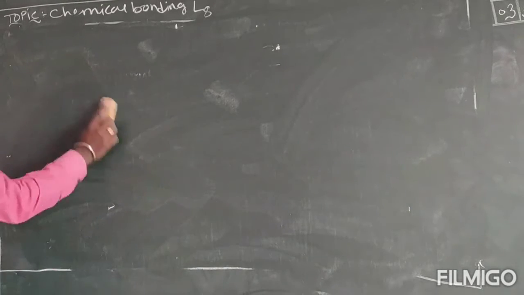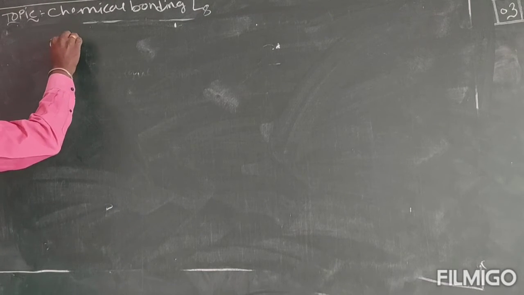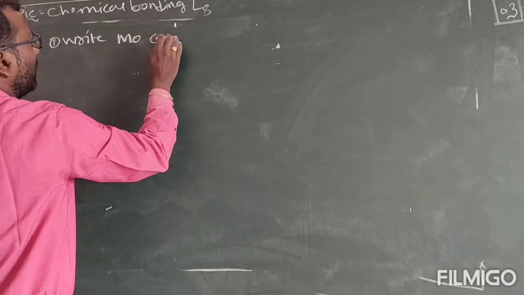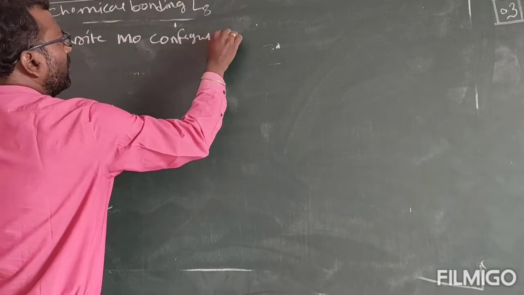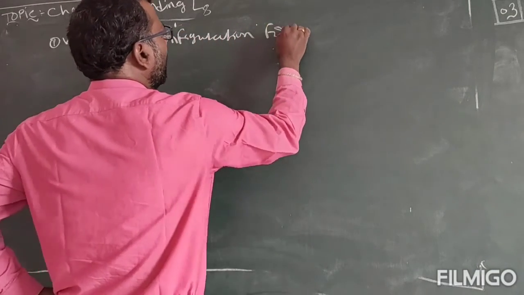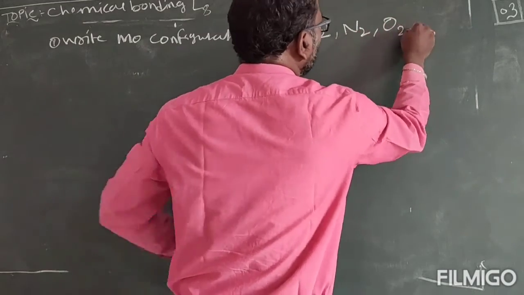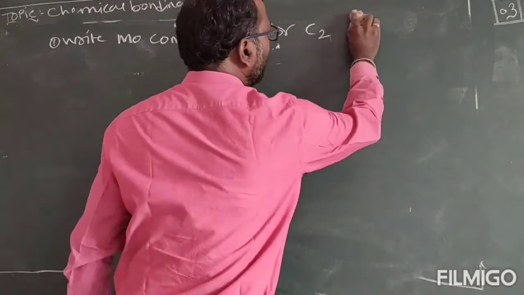So your work is, first, write the MO configuration, or molecular orbital configuration, for C2, N2, O2, or we will make it 3 questions.